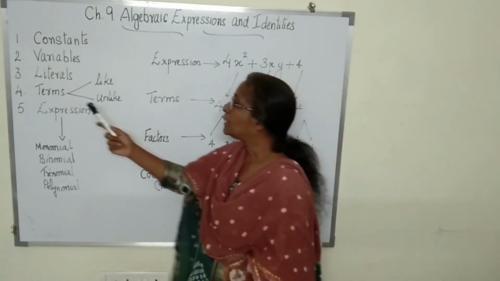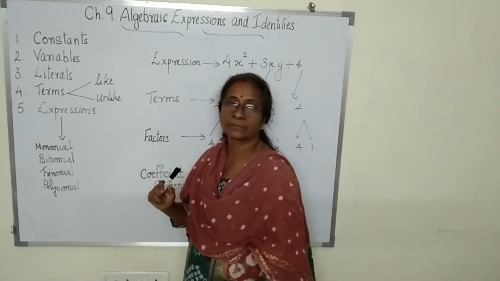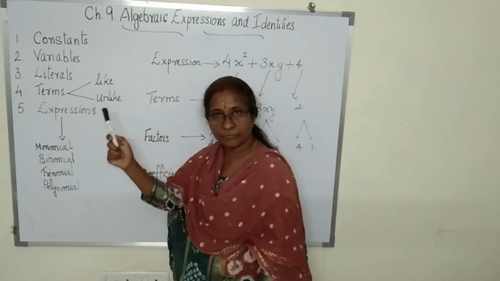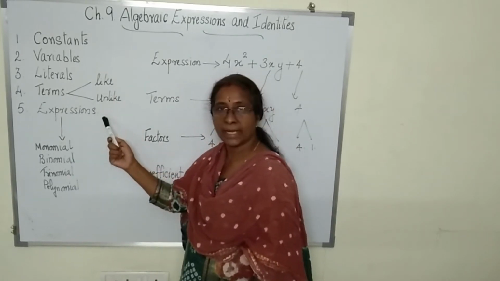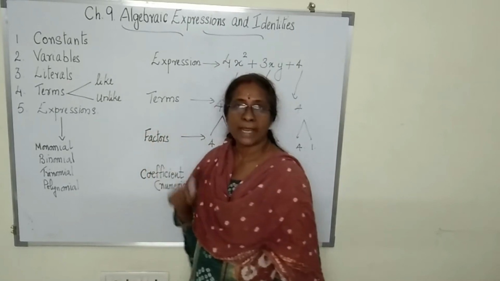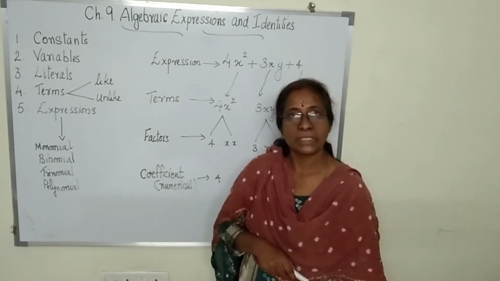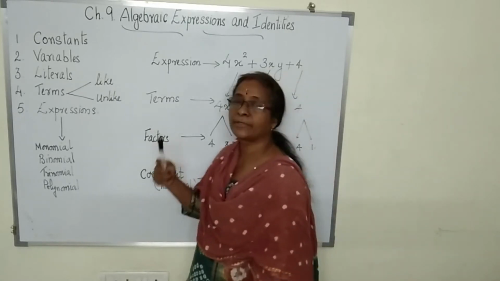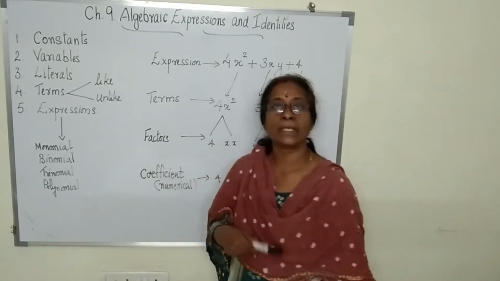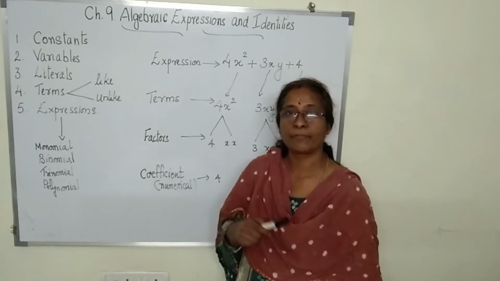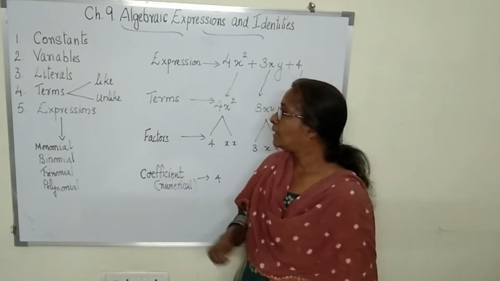Now what are like terms? Two types of terms are there, like terms and unlike terms. Like terms are the terms in which the variable parts will be the same. And in unlike terms, the variable parts may differ, or there will be different variable parts.